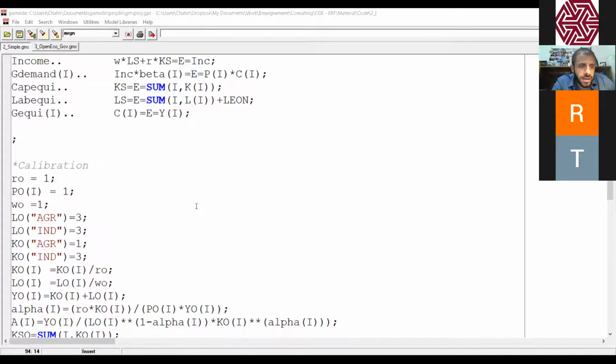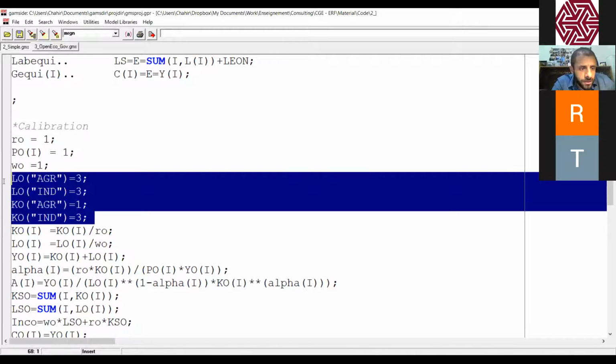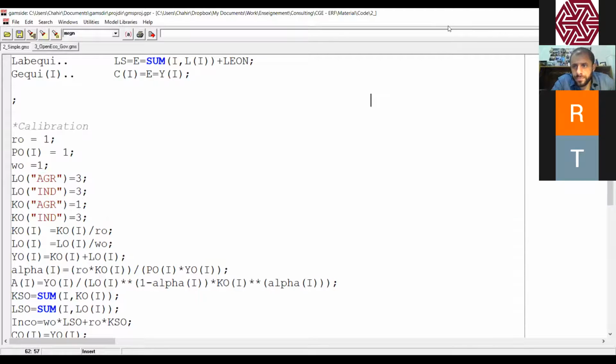And as you can see here, if we calculate the capital to labor ratio of the two sectors, the capital to labor ratio of agriculture is the capital of agriculture over the labor of agriculture. So it will be 1/3, right?